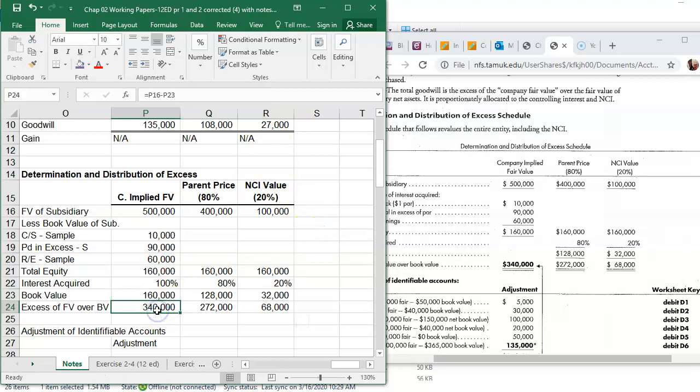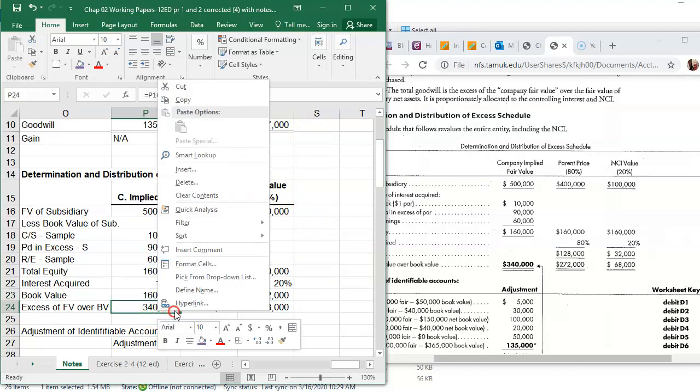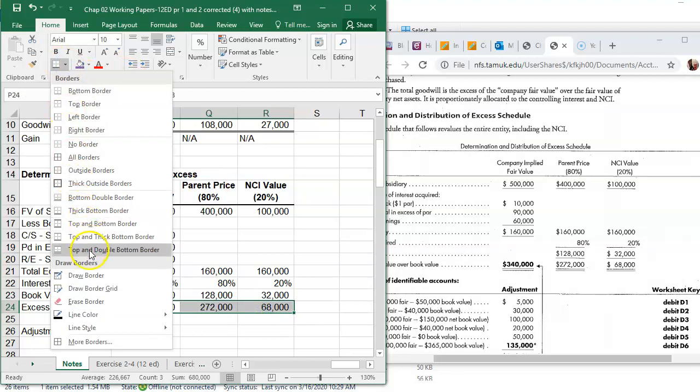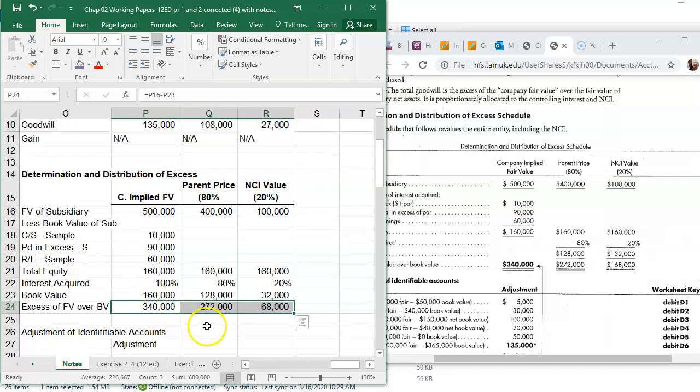Then, just as before, this excess, we have to do adjustment of the accounts, and we have to distribute that excess to the different accounts.